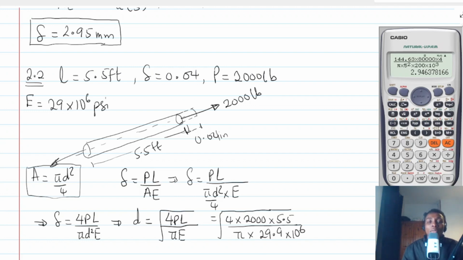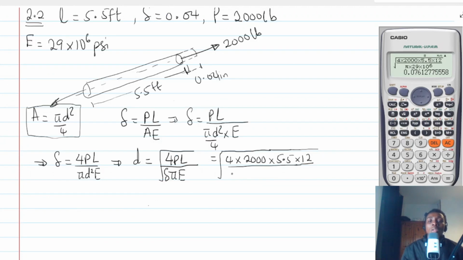But we have to be careful because psi is pound per square inch, but we are in feet, so we need to convert this length to inches. 1 foot is 12 inches, so we multiply by 12.